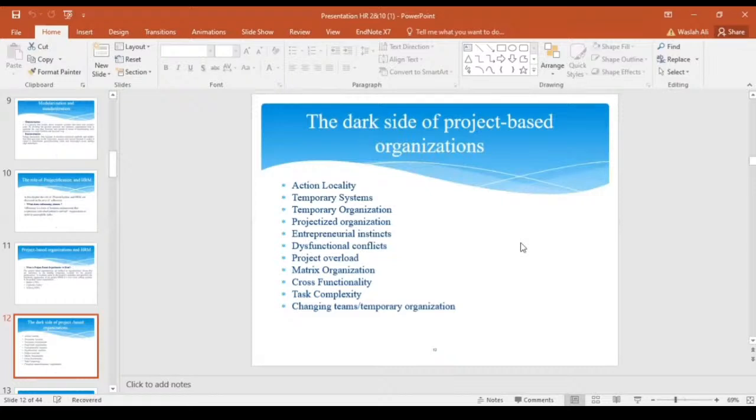They are common for people working in a project context. Dysfunctional conflict is conflict that leads to a breakdown in communication and in the performance of groups. It can be an abundance of conflicts or a lack of sufficient motivation.